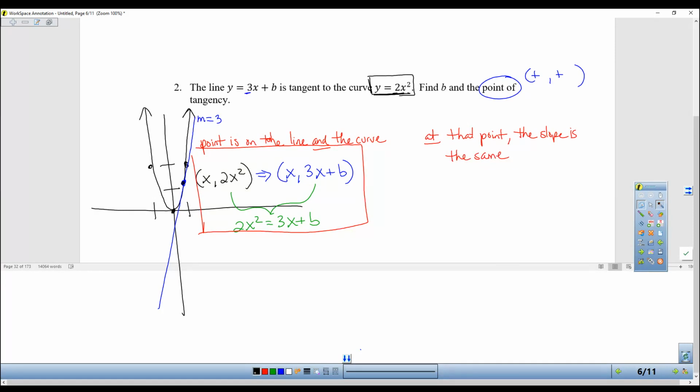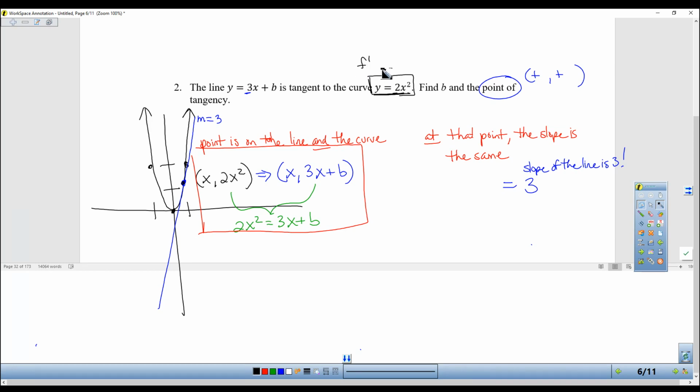So let's look at it again in terms of black and blue. The blue line, we know the slope is 3. The slope of the line is 3. But what's the slope of the curve at that point? It's also 3, but we don't actually know the x value, but we can find a formula for it.